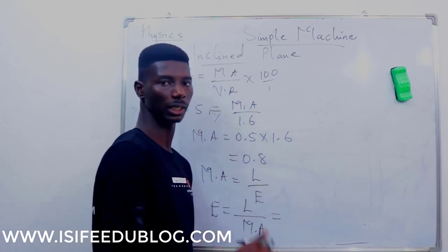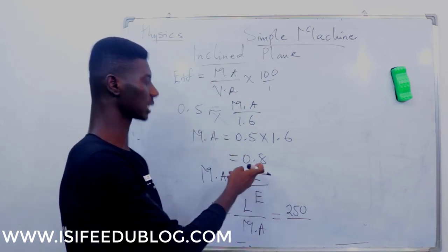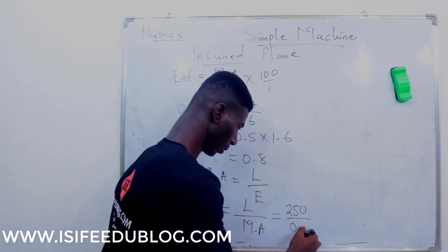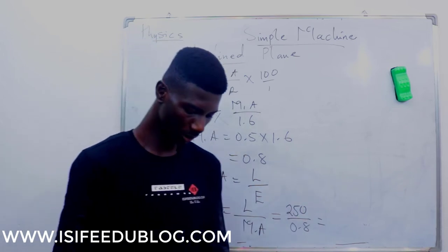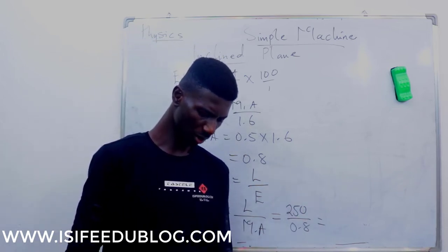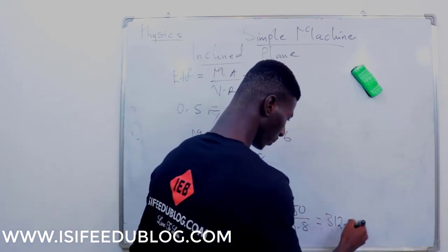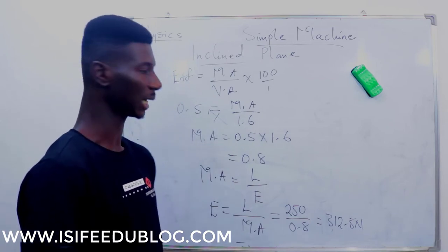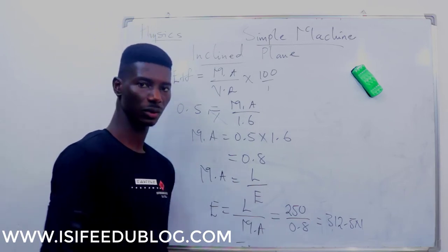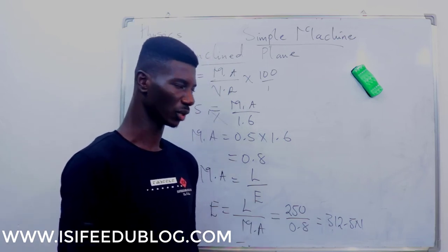The load in the question is 250 Newton divided by the mechanical advantage, which we have gotten to be 0.8. So the maximum effort required is simply 250 divided by 0.8, which will give us 312.5 Newtons.